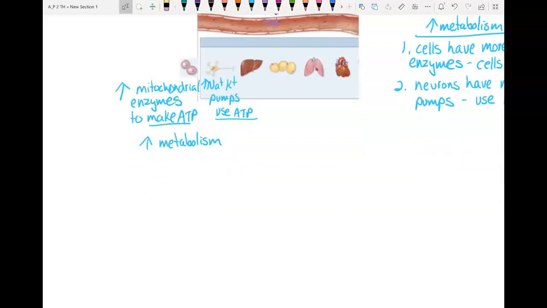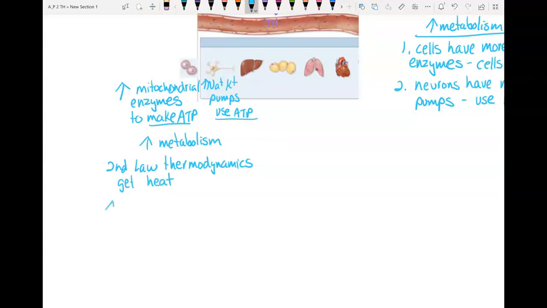A side effect that goes along with this is increased body heat. Remember the second law of thermodynamics? If you've forgotten this, go to page 73 in your book. Whenever you convert energy, you get heat.